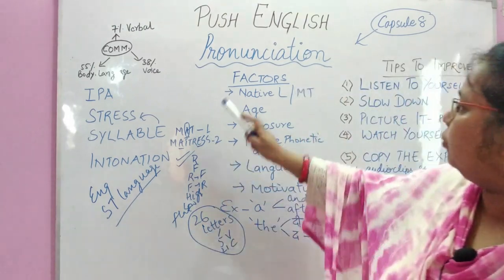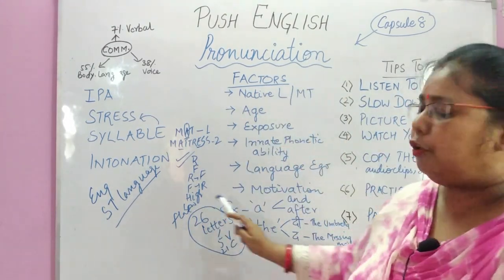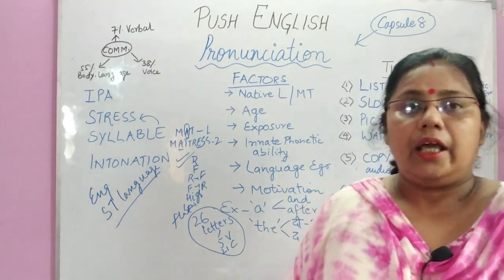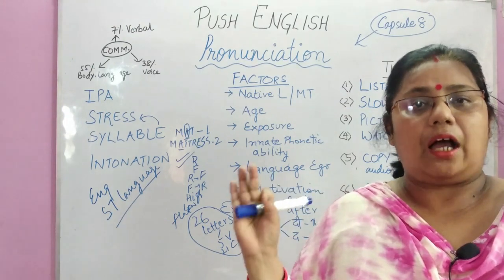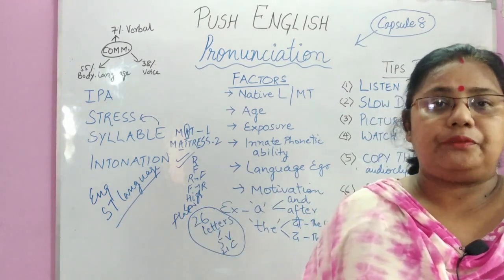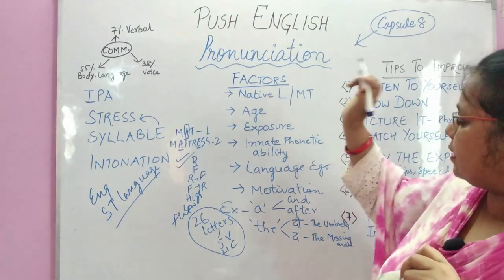Now coming on to factors, but before discussing factors, let me just give you a brief idea that there are 26 letters in English alphabet. Everybody knows that, and there are 5 vowels, A, E, I, O, U. And despite these vowels, we should know that these are actually vowel sounds, which I am going to discuss separately.